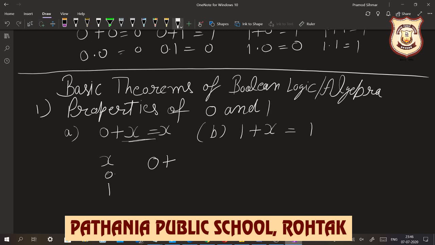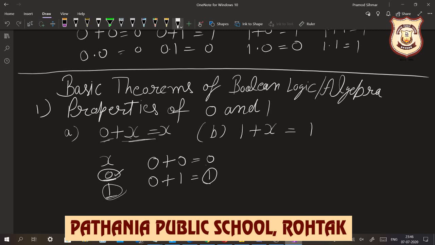For example, we take first time 0. So 0 plus 0 always 0, and x is our 0. So proved. For example, 0 plus x where x is 1, we take the 1 here, is equal to 1. So this one and this one both are the same thing. So this is the truth table of 0 plus x is equal to x.